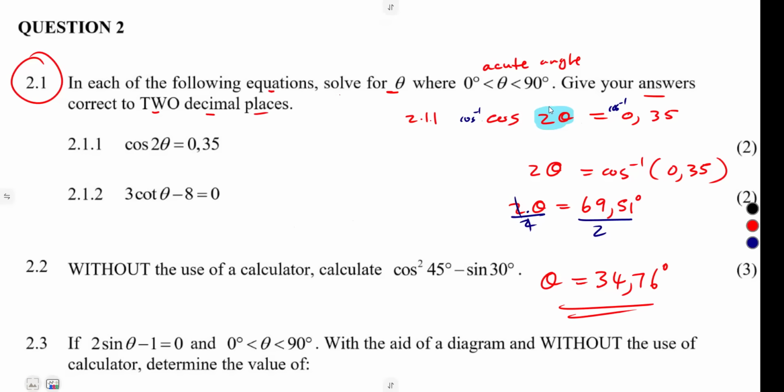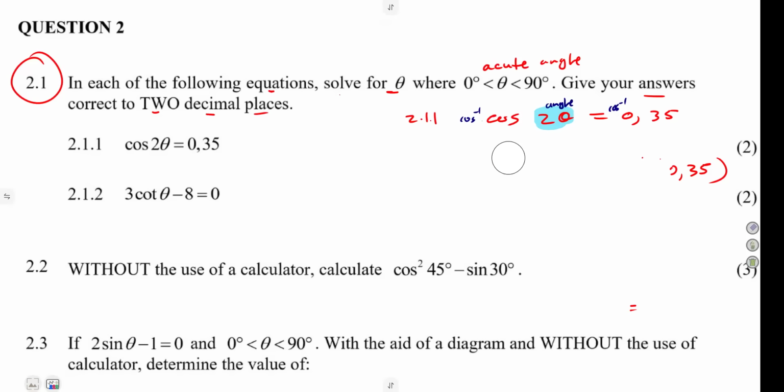Theta, this part, it represents the angle. So the moment you introduce arc cos, whatever you're obtaining is an angle in what? In degrees. So that is the concept. All right. So the first one, that is how you can play around with that concept.